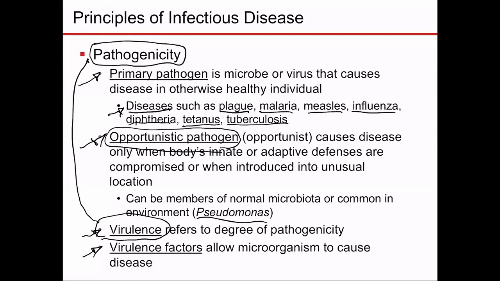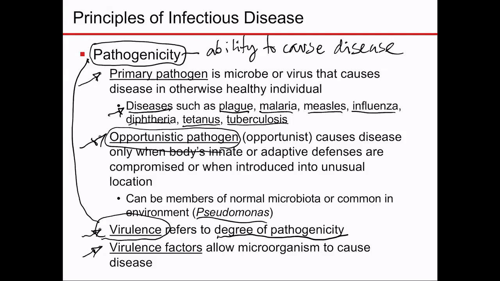Pathogenicity is the ability to cause disease. Virulence, on the other hand, is the degree of pathogenicity. How bad is that disease? There could be different degrees depending on the pathogen that is causing that infection.